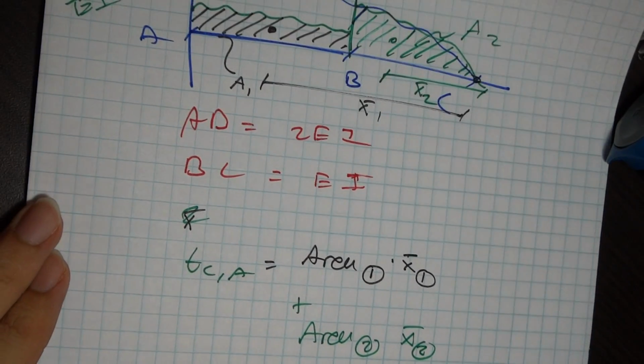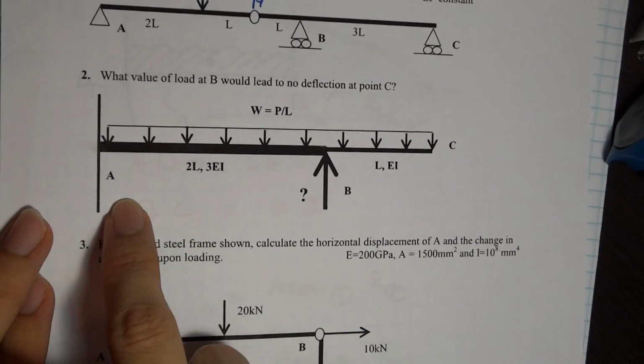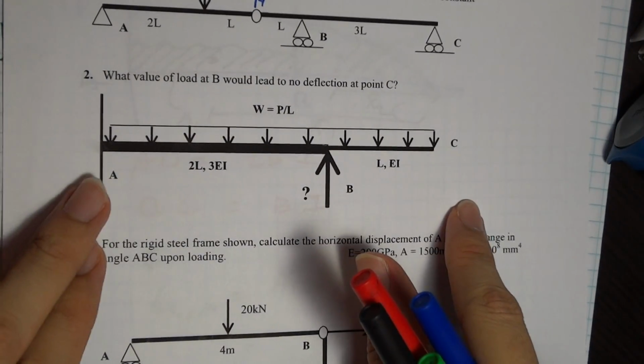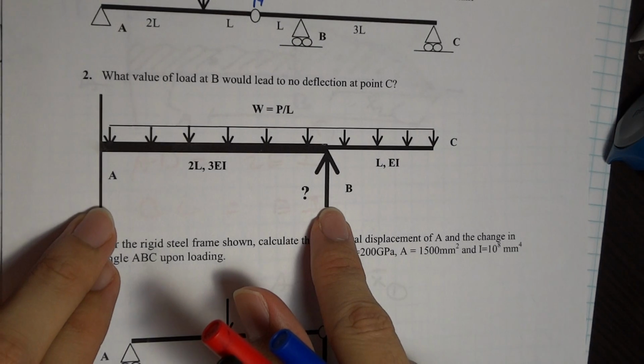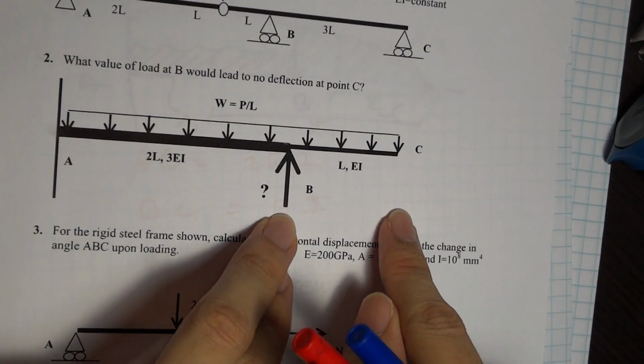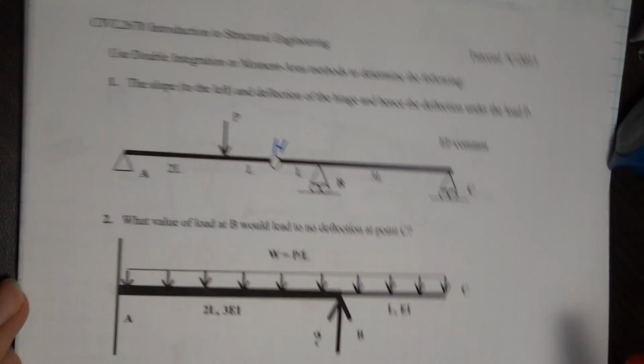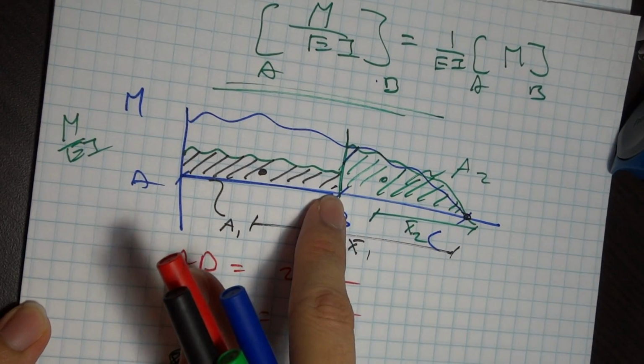For this problem, basically go up here, take your moment diagram, in this region of your moment diagram, divide that by 3. In this region of your moment diagram, do nothing, so your moment diagram will not be continuous. Your moment diagram will have a jump in it like I have here.